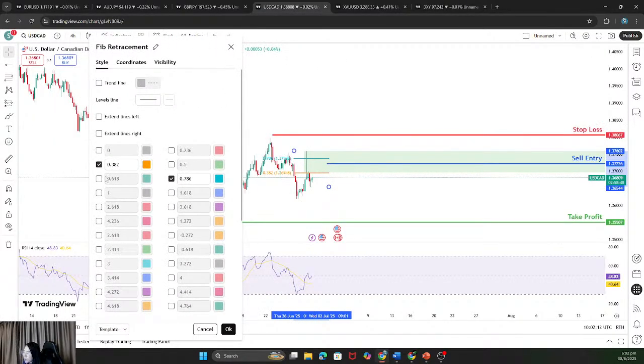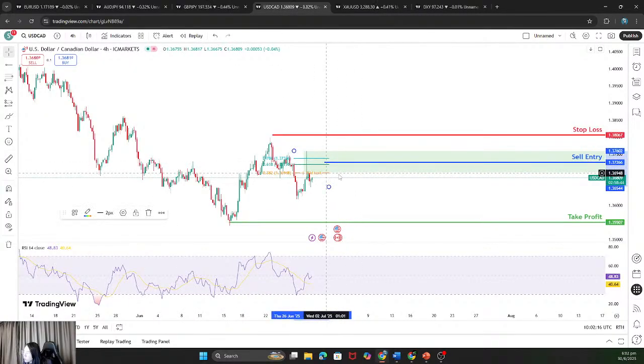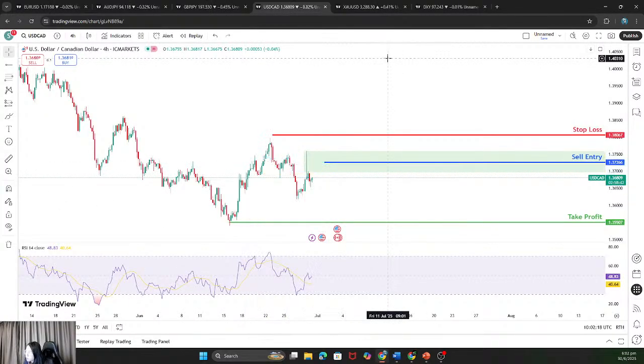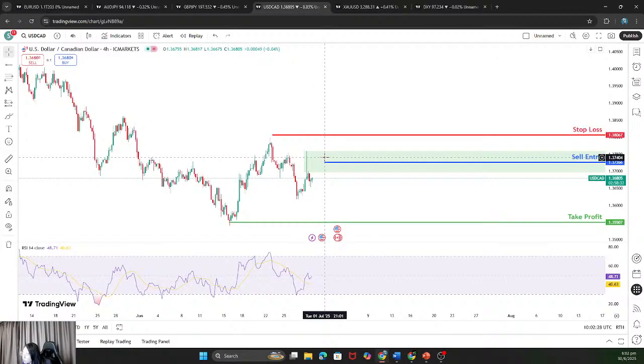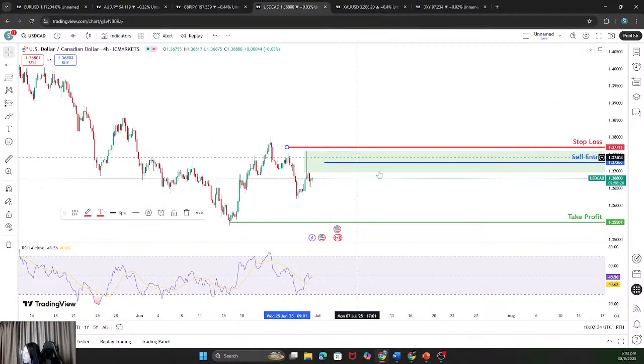I'm hoping it could be somewhere around here. And my stop loss is going to be here above those swing highs.